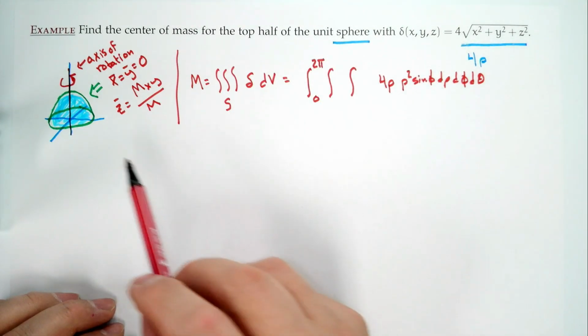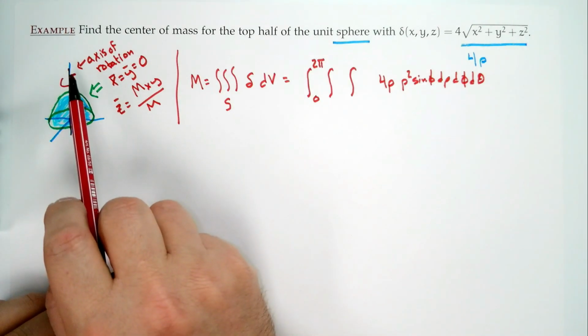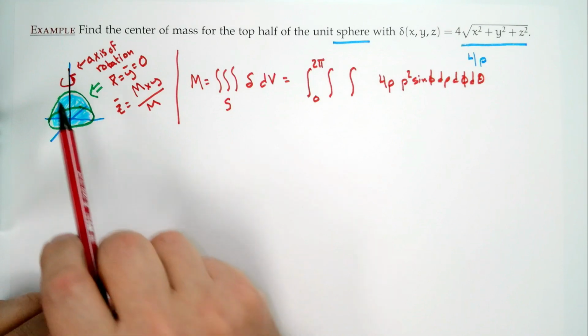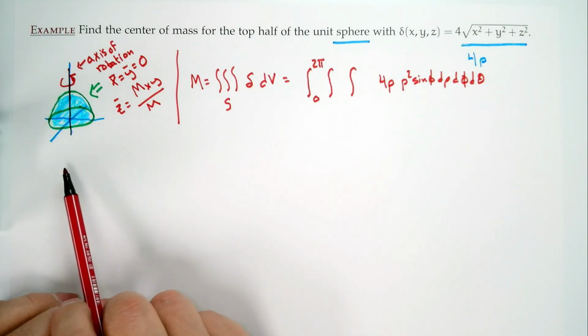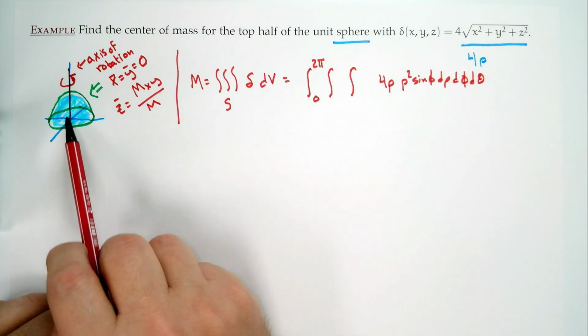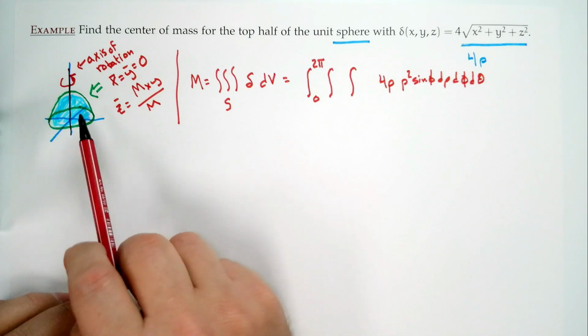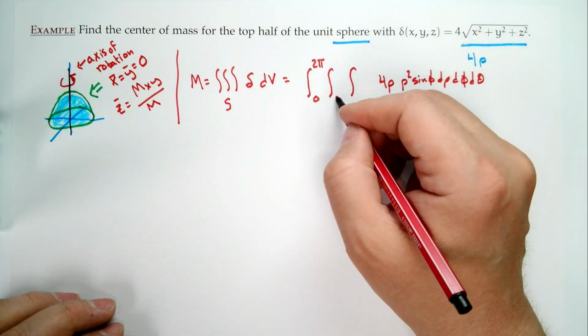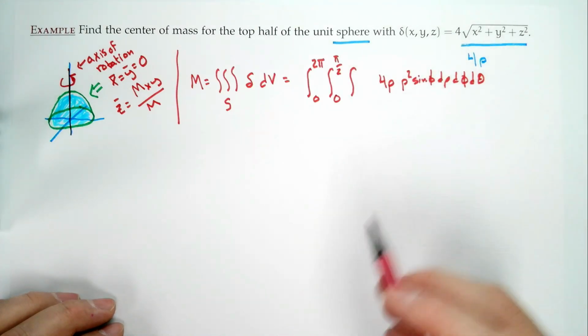Phi, where does phi go from? Well, phi starts up the positive z-axis, and then it starts coming down. I'm going to come down until I hit the xy plane. I don't need to go below the xy plane. So phi equals 0 is straight up, and phi equals pi halves is the xy plane. So phi goes from 0 to pi halves. Now, what about rho?